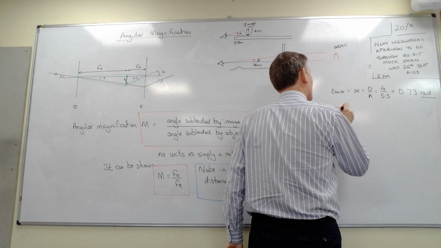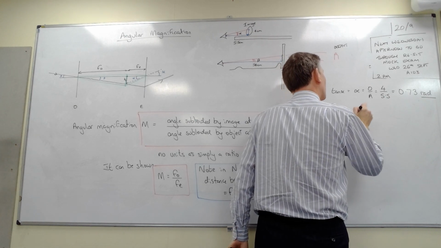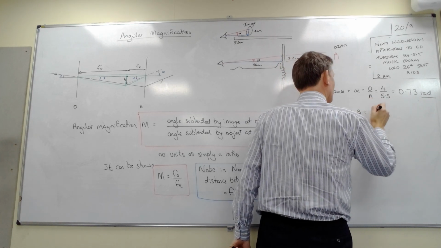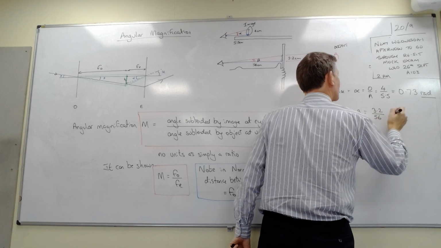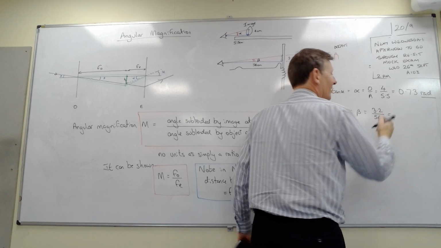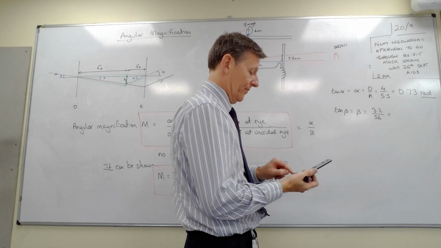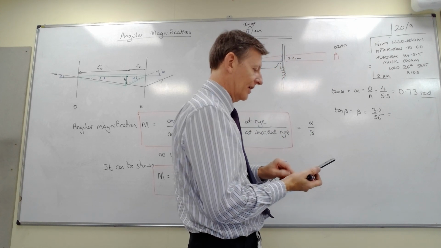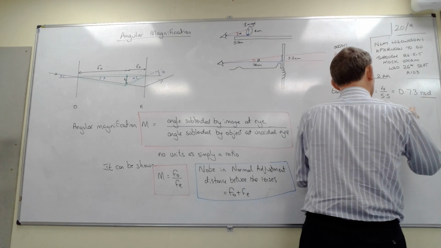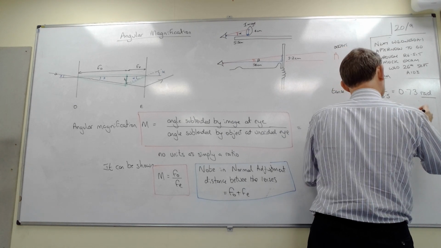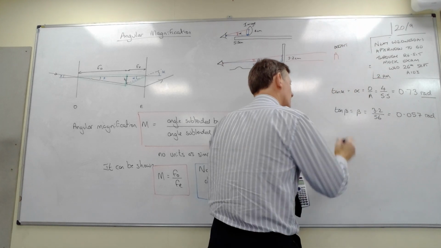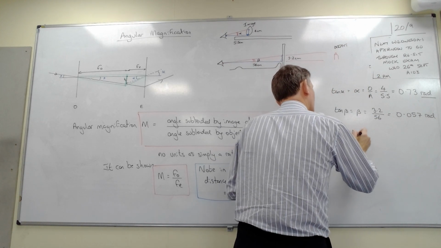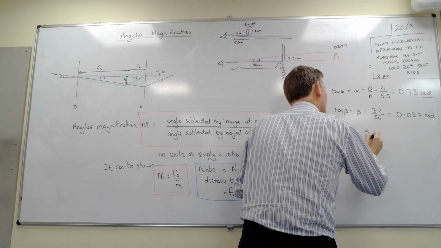Tan beta is just beta, opposite over adjacent, that's 3.2 over 56. Obviously these distances have to be in the same units. 3.2 divided by 56 gives 0.057. Therefore the magnification is that divided by that.